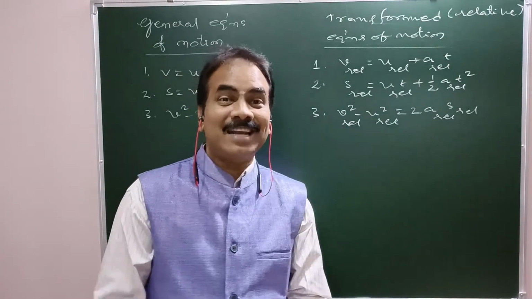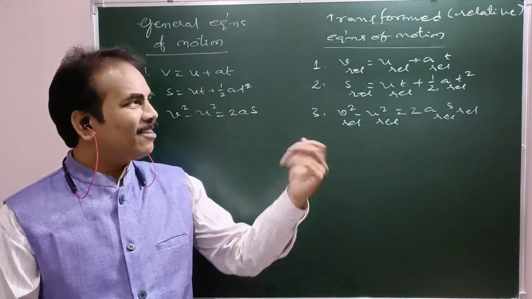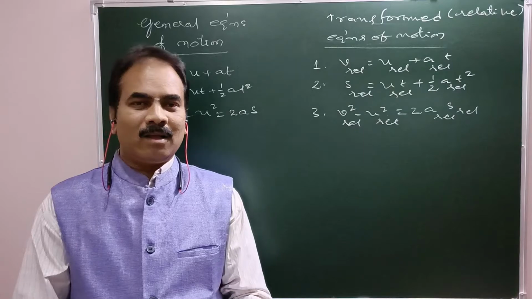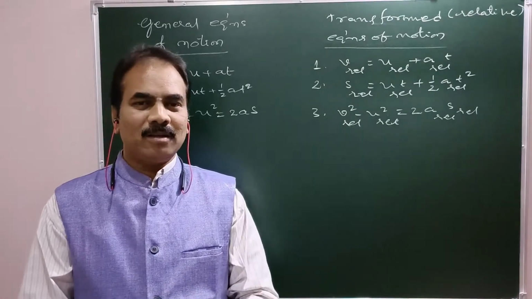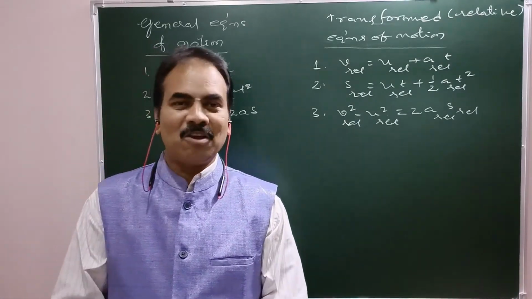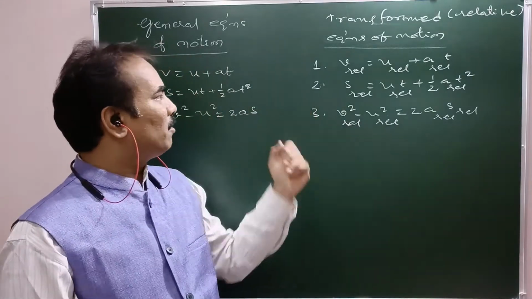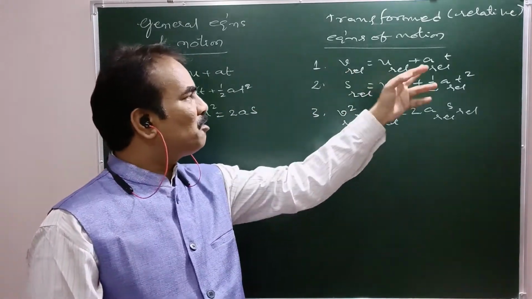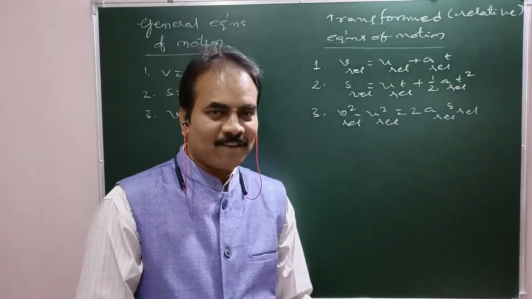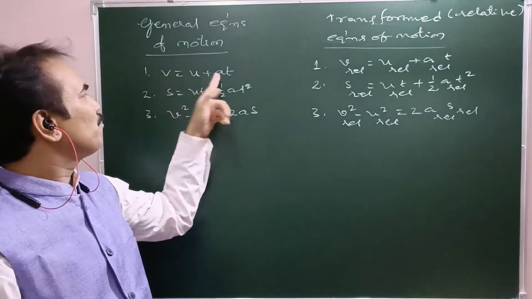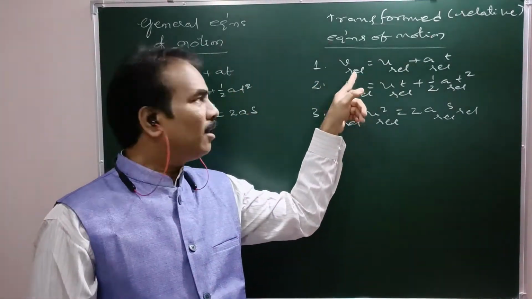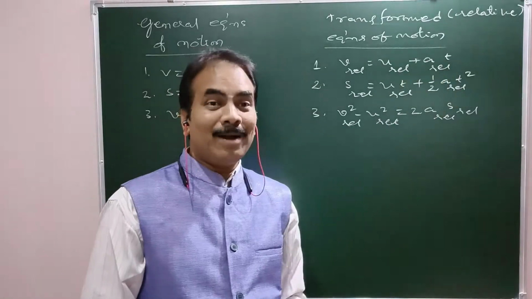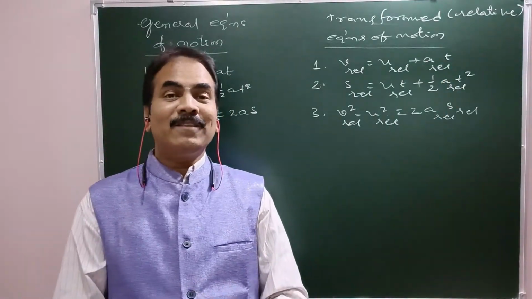Relative concept means relative motion concept. So in that concept, if you want to use equations of motion in case of relative motion or relative velocity, the same can be transformed into V relative equals U relative plus A relative into T. First expression: V equals U plus AT. Of course, here also V equals U plus AT, but here it is the velocity of one body with respect to another body.